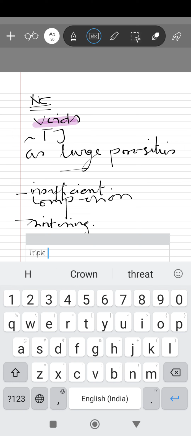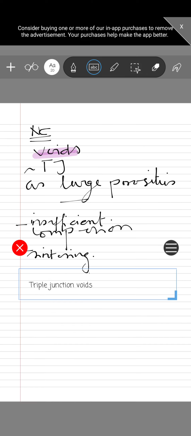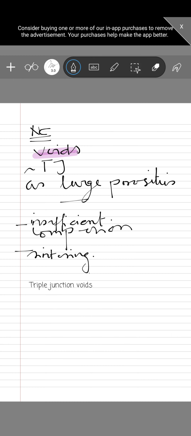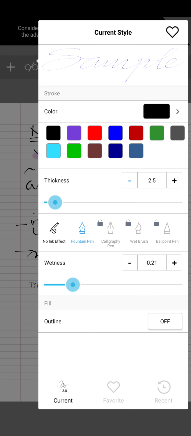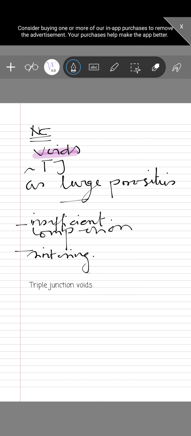So when the nanocrystalline grain boundary is relaxed, there is formation of a triple junction.